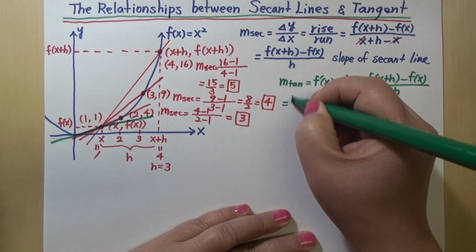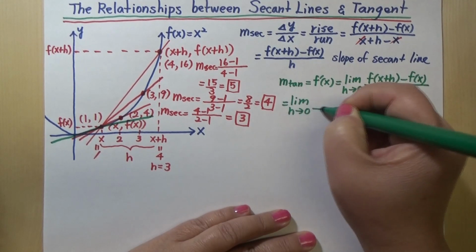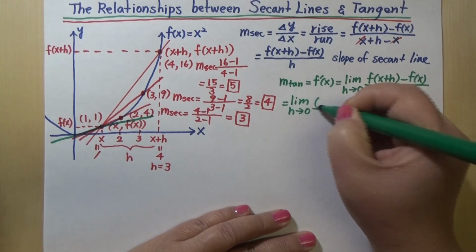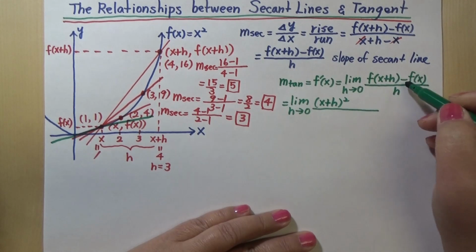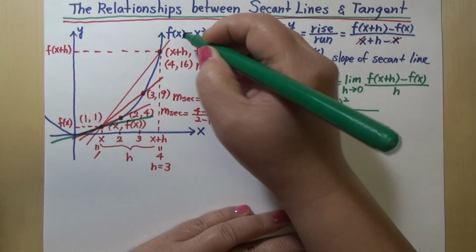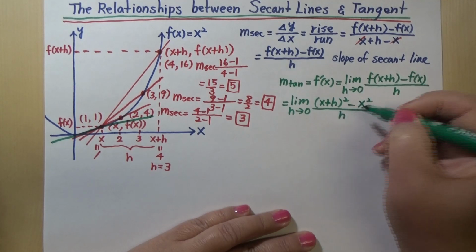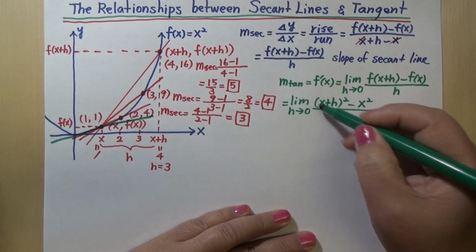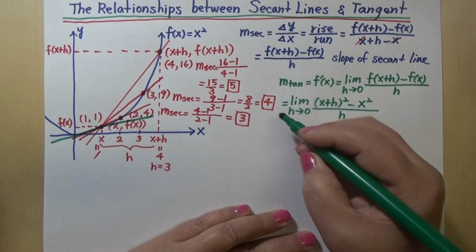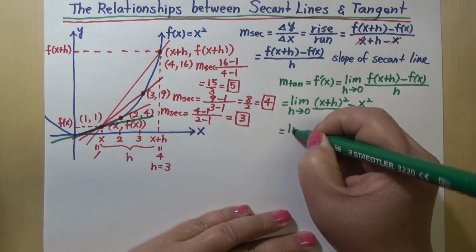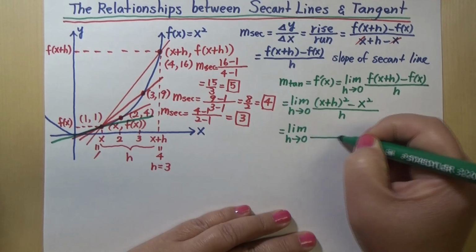So let's see. Limit as h approaches 0 of x plus h squared, and then minus f of x. f of x is x squared, so minus x squared all over h. And now you have to expand, but I'm going to skip showing the expansion.